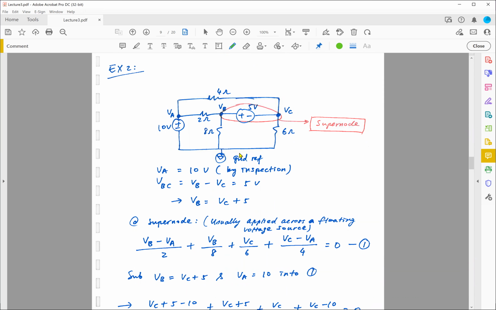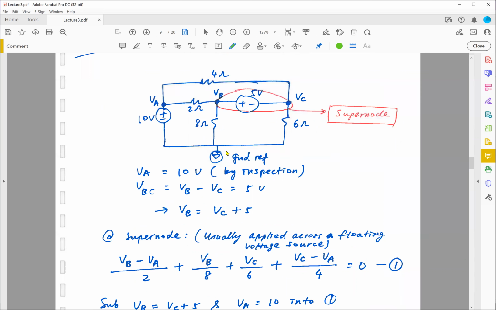Okay, so I'm going to assign my ground reference on the bottom here. And I need to first identify my supernode, right? And clearly you see that one end of this voltage source is connected to my ground reference. So this guy here is good, right? This VA node is considered as the regular node.